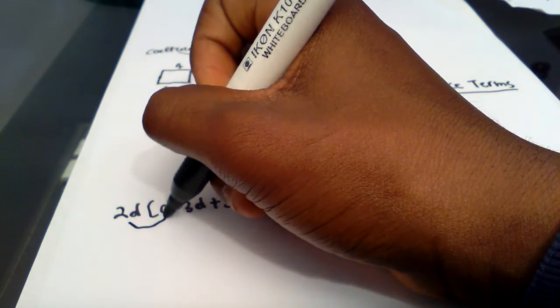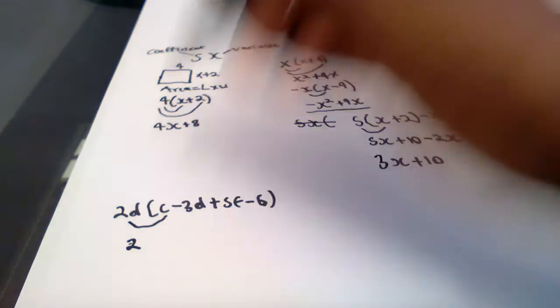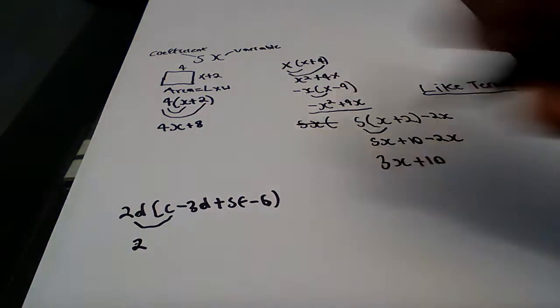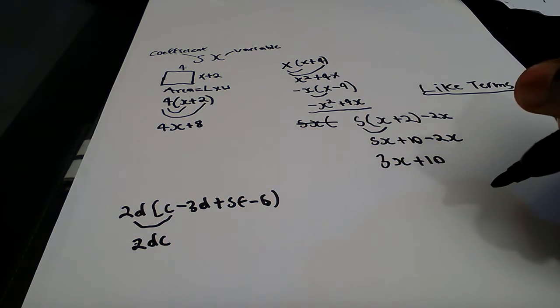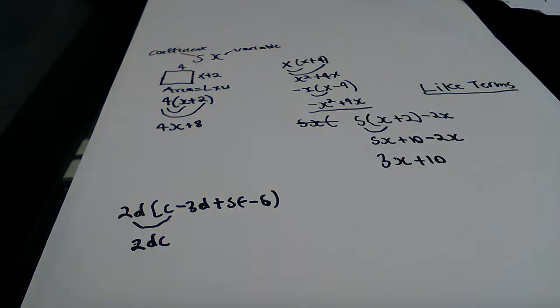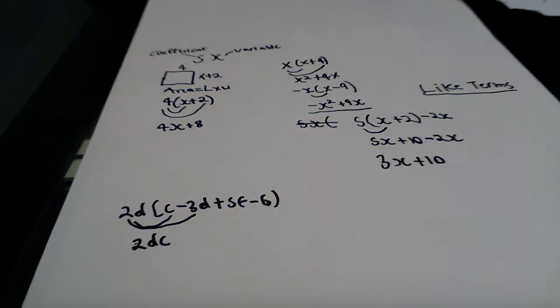2d, as usual, 2d times c is 2dc, okay? But it can go whichever way it wants, because it's 2 times d times c, okay? Simple as that. And then you do 2d times minus 3d. Okay? And for that one, a positive number times a negative number is what?